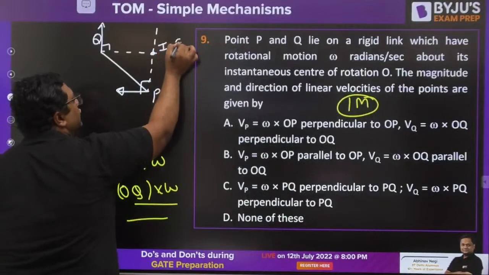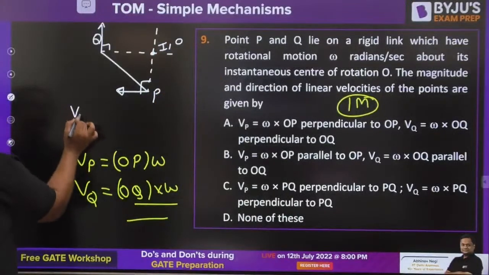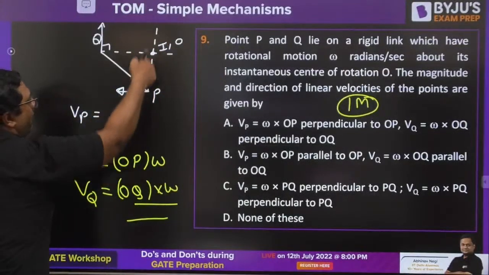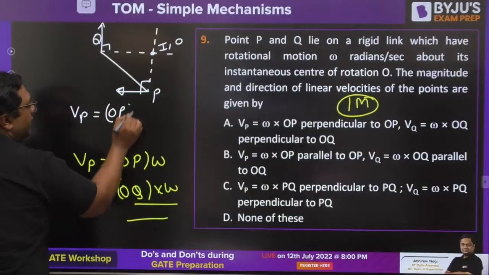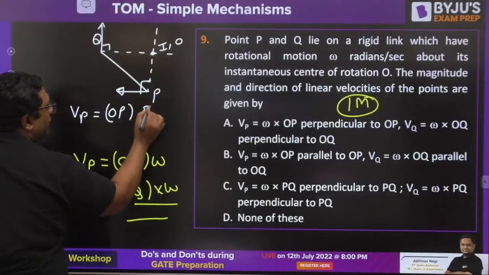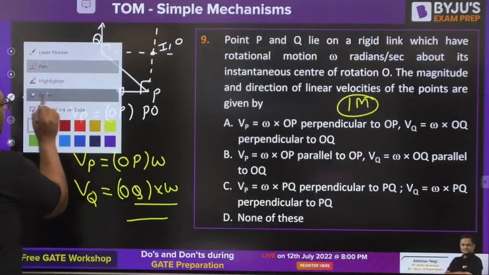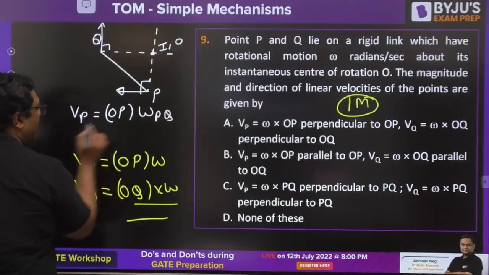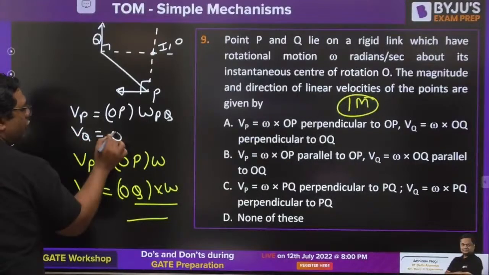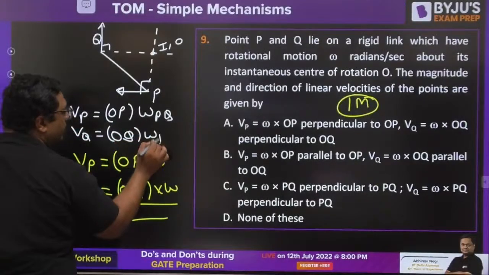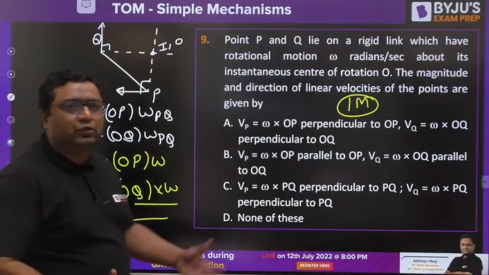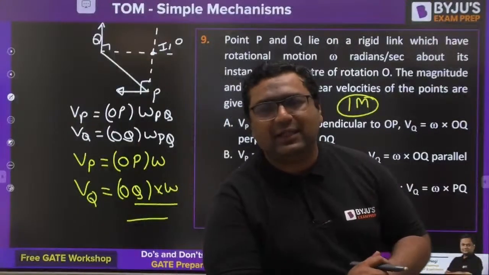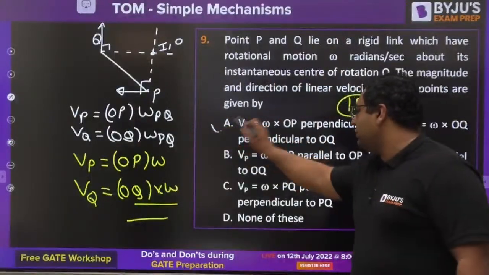They are calling it point O. So you can write velocity of P as OP into omega PQ. And what will be VQ? VQ will be OQ into omega PQ. This is what you are going to write. The same thing they are mentioning in the question. So the answer for this is going to be A.